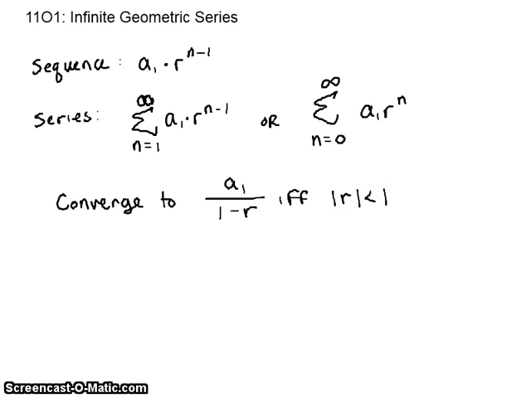So if we find what we're multiplying by each time, take its absolute value, and that absolute value is less than 1, our series is going to converge, and it's going to converge to whatever a1 divided by 1 minus r is. We're going to do a couple of examples, and then we'll call it quits on the video.